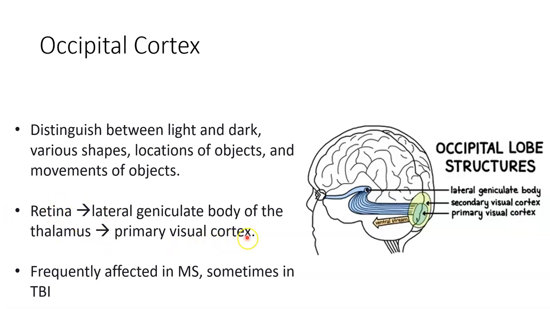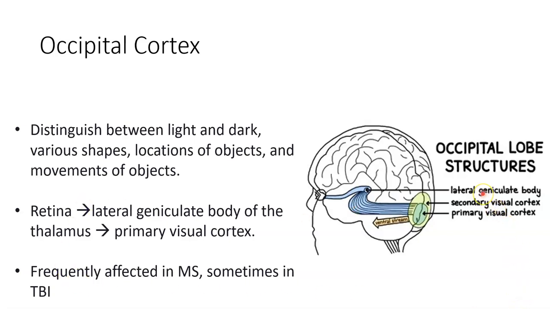The pathway for processing visual information, if you remember, is a shortened pathway, but still: your visual information is processed in your retina, then it goes into the lateral geniculate body of the thalamus, and then to the primary visual cortex. If patients have anything wrong in this pathway, they will have some visual disturbance, and they may not be able to recognize shapes of objects, locations of objects, as well as movement of objects.